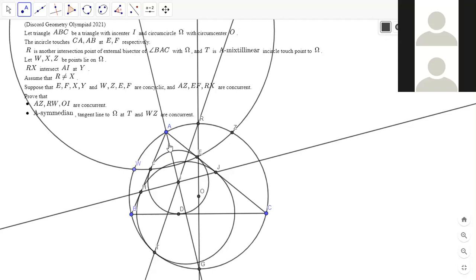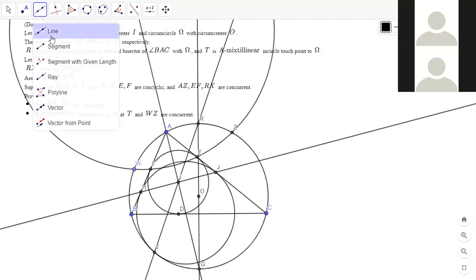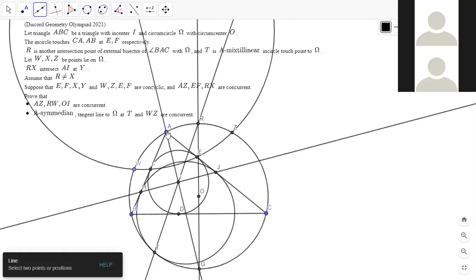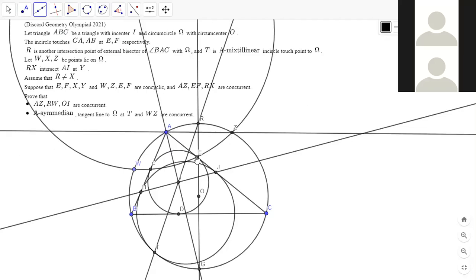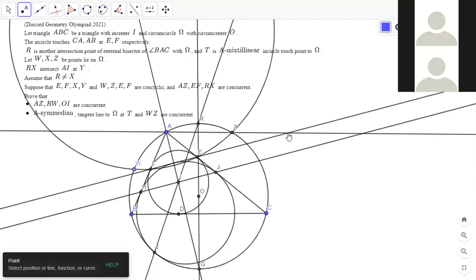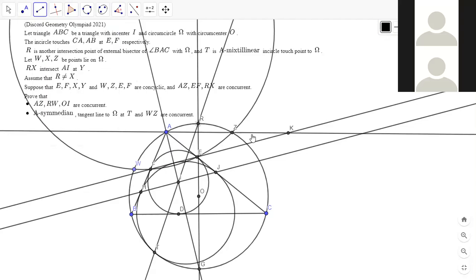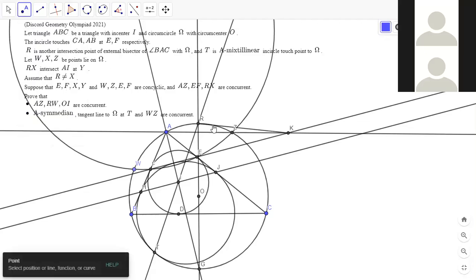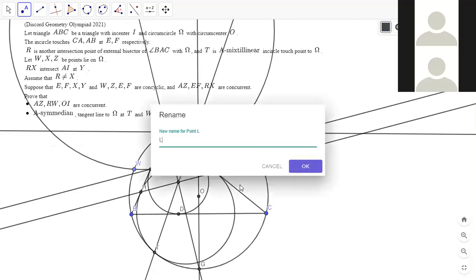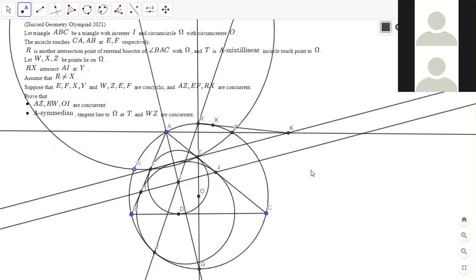But it says AZ, EF, and RX are concurrent. Okay, so this is AZ, and then EF, we draw like this. So basically X, wow, this is complicated. X would be the intersection of RK with the circle. So this would be point X. And then, yeah, this is worded really weird.